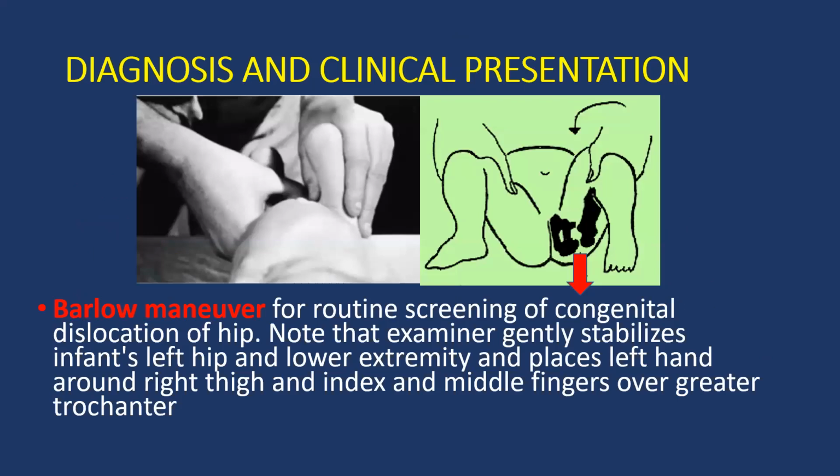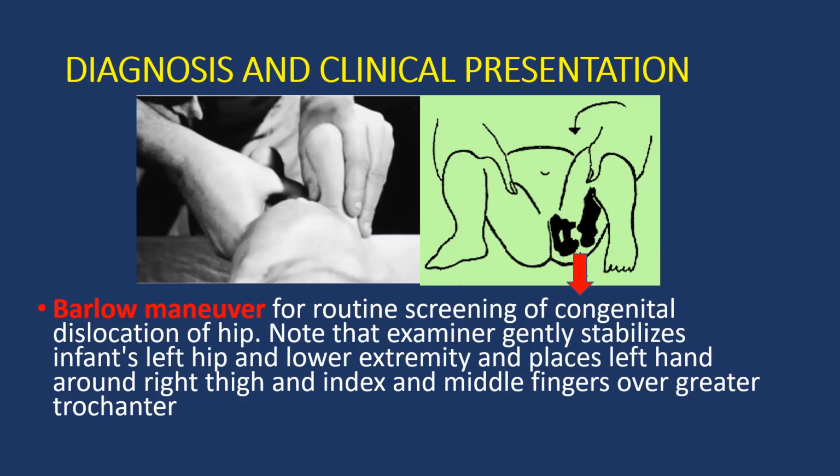This tells you how to do the Barlow maneuver for routine screening of congenital dislocation of the hip. Note that the examiner gently stabilizes the infant's left hip and lower extremity and places the left hand around the right thigh and index and middle fingers over the greater trochanter. تبقوا كيف الهip, you're provoking it to come out. طلعوا على red arrow.